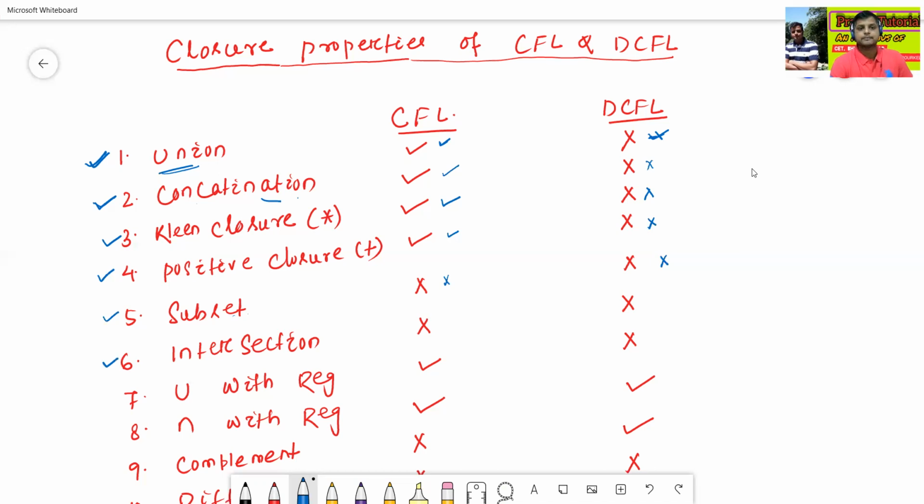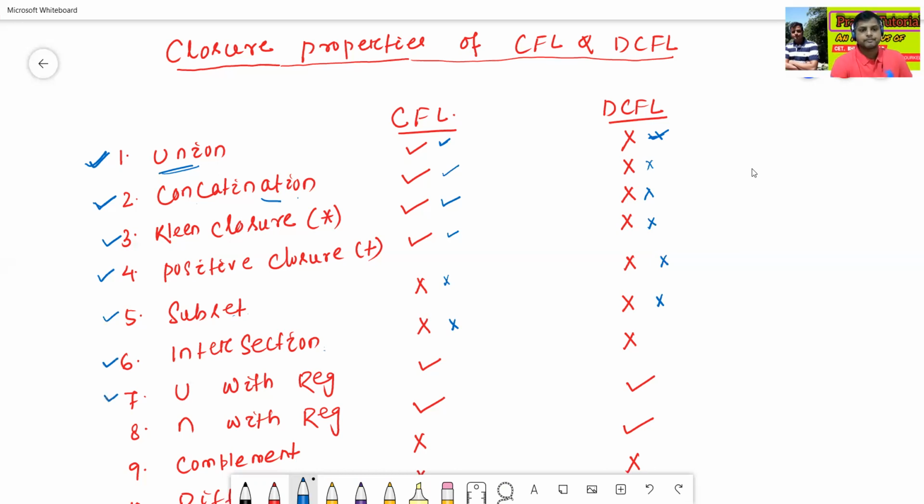The intersection operation is not closed under CFL, and the intersection operation is not closed under DCFL, deterministic context-free language.